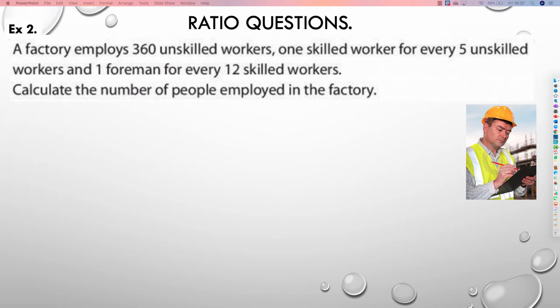Take down that bit of information. 360 unskilled. What is that? One skilled for every 5.